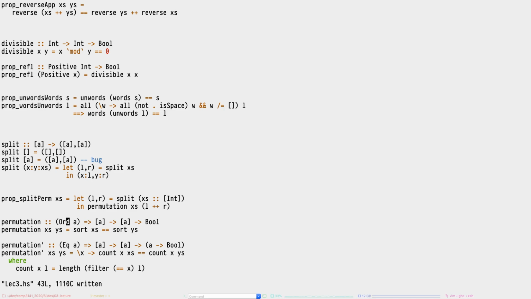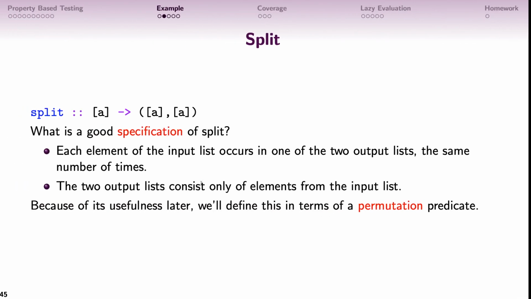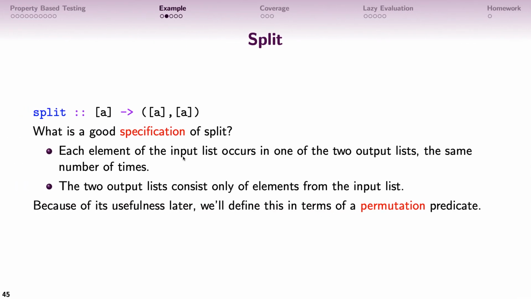So in any event, we've got our permutation definition. It doesn't really matter how we define it. We could even QuickCheck to see if these two definitions are equivalent, right? I'll leave that as an exercise. So we've specified split in terms of permutation.